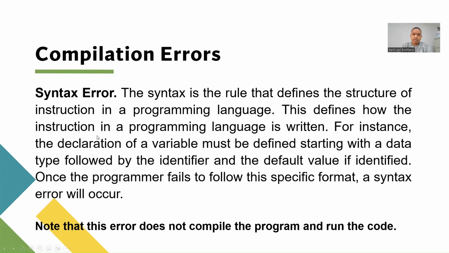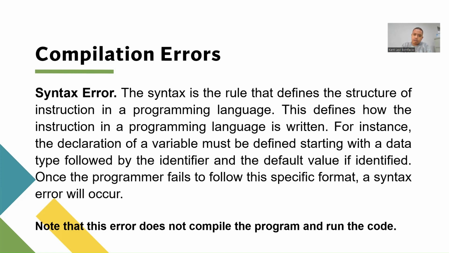Now, for instance, the declaration of a variable must be defined starting with a data type, followed by the identifier and its default value. So when we declare, it should be data type, then variable name, then value. That specific order.